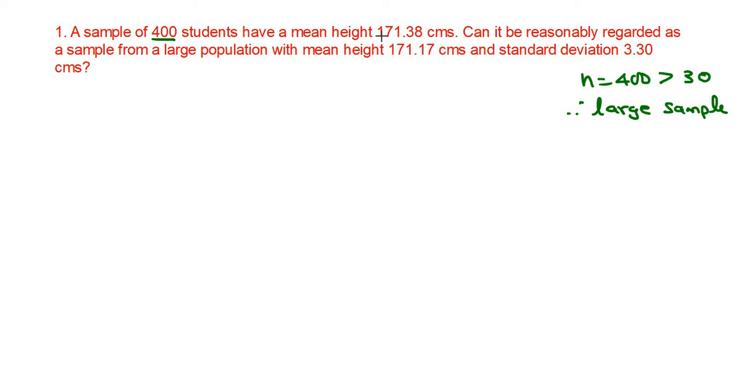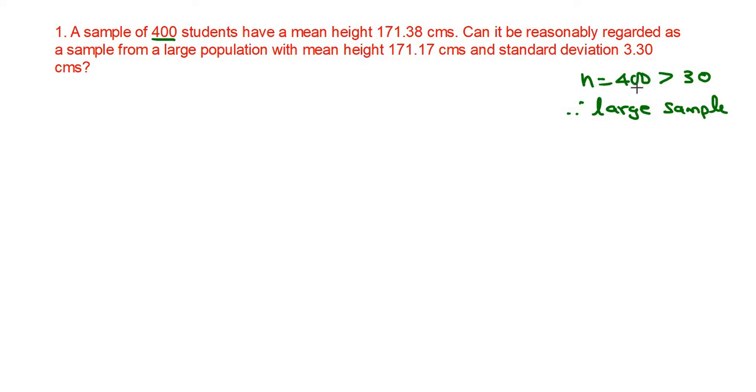Next, the mean height is given. Mean height of the sample, that is x bar, 171.38. X bar is given, and then population mean, that is mu, is given, and then the standard deviation of the population is also given. So what are the data we have? Sample size, sample mean, population mean, and population standard deviation.